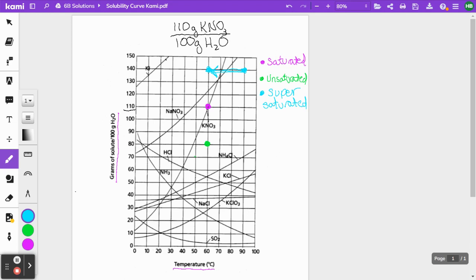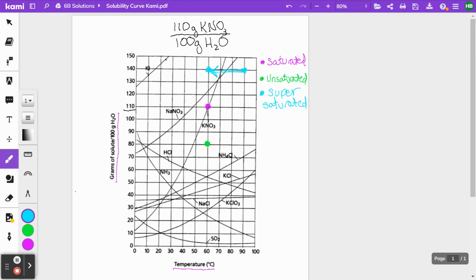So if I take a saturated solution and cool it down, it will become a supersaturated solution as long as I don't disturb it. That's how we make a supersaturated solution. We take an unsaturated or saturated solution and we let it cool down. So there are the different parts of the graph. Each of these curves has these different parts.